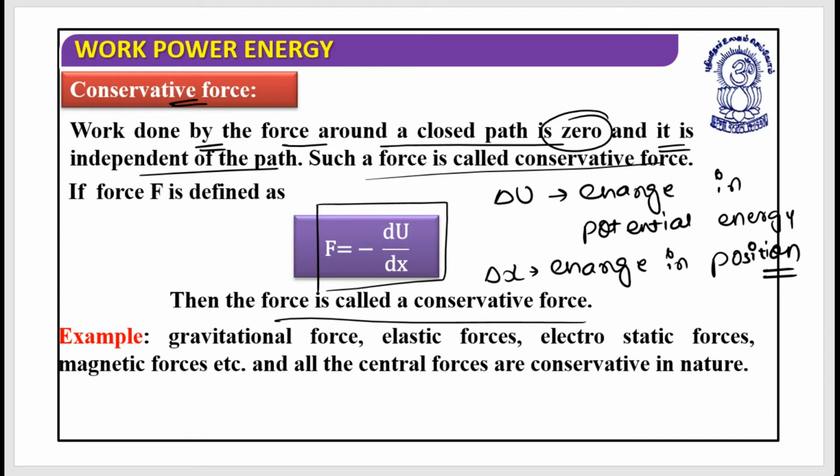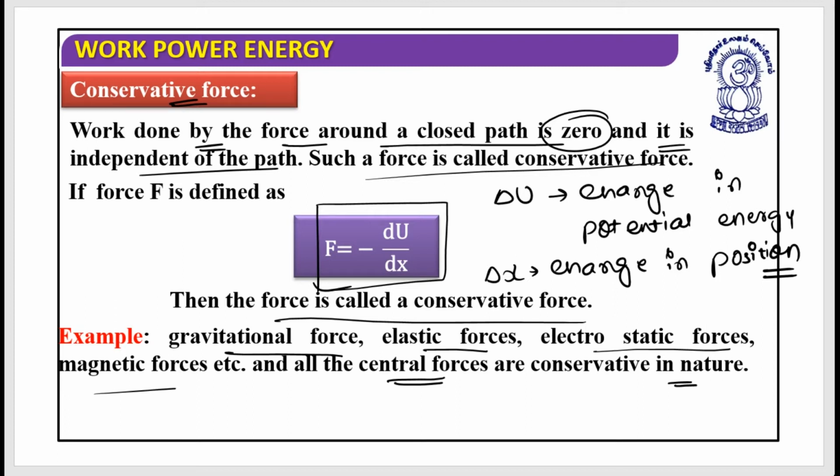Now which are the forces that can be categorized as conservative? We understand gravitational forces, elastic forces, electrostatic forces, magnetic forces, etc. These are all conservative forces, as well as central forces. That means the force acts from the center of one body to the center of another. This is a very important aspect.